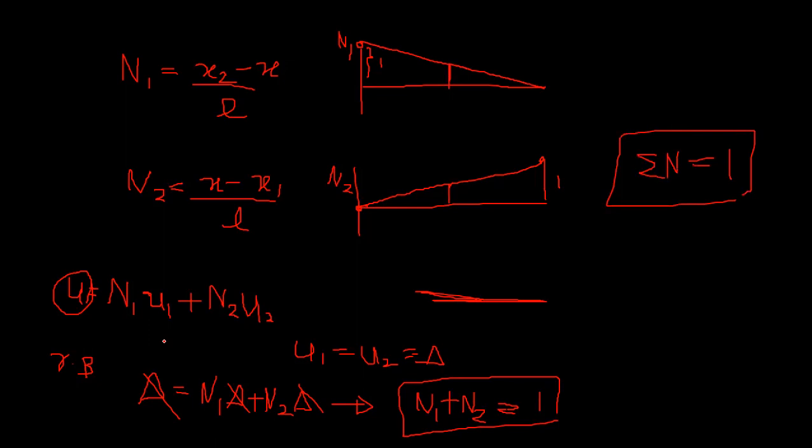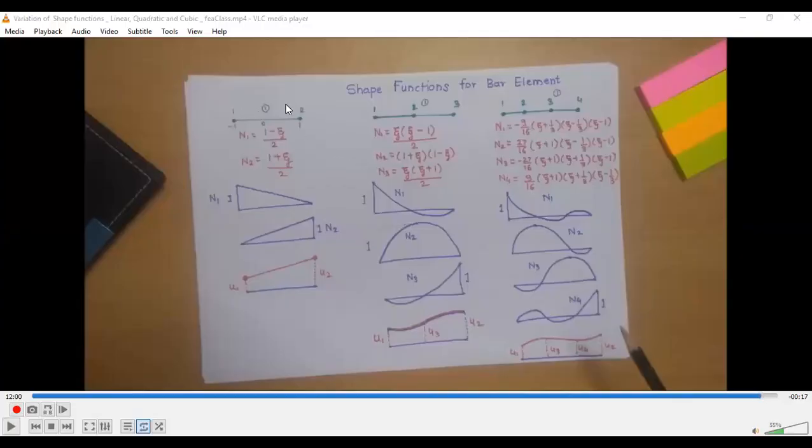If you want, you can have 3-node elements like this. This is a 2-node element, so you can see the linear function and the shape functions like this, and the summation is like this, right? So u1 and u2.